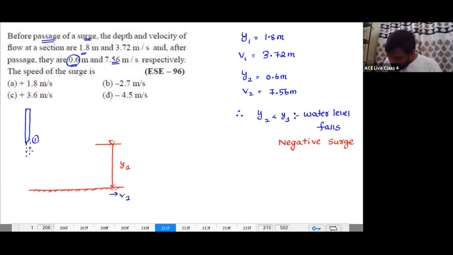Now if you close the gate abruptly, this is going to be 2. This is the water level. So this is a negative surge, as I just mentioned. And this depth is Y2. So now the surge is going to travel towards downstream or upstream? The surge will travel towards the downstream.